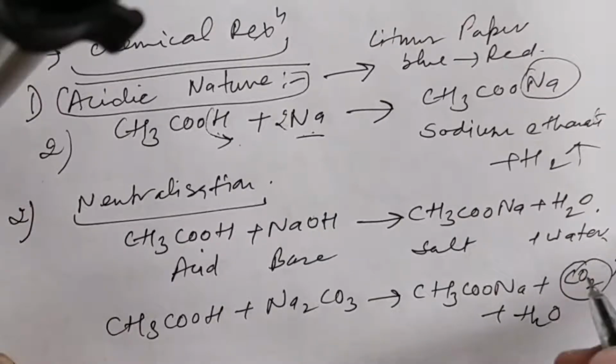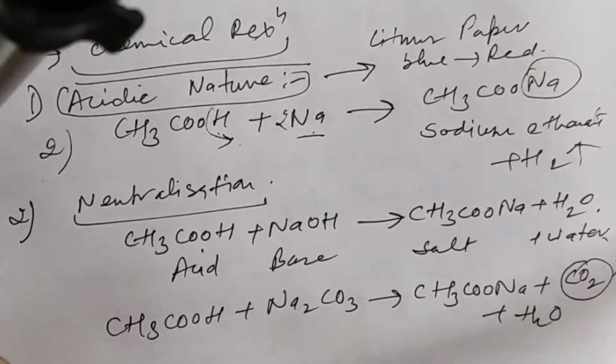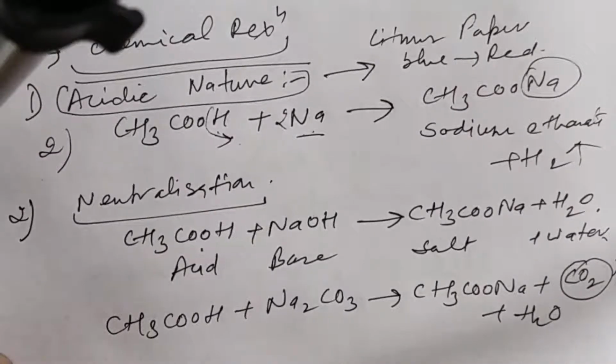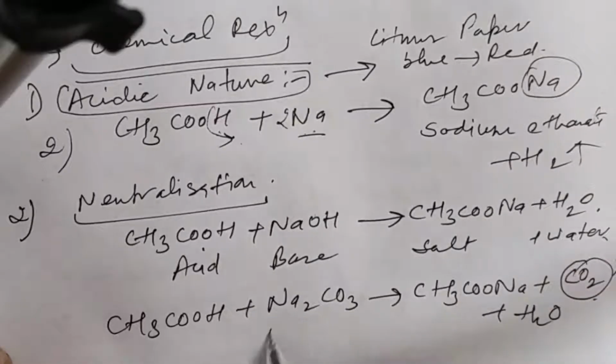How can you test here? When you pass carbon dioxide gas through lime water, it will turn milky. Okay, so this is how you can test for carbon dioxide gas evolving out from a test tube when you are reacting sodium carbonate with acetic acid.